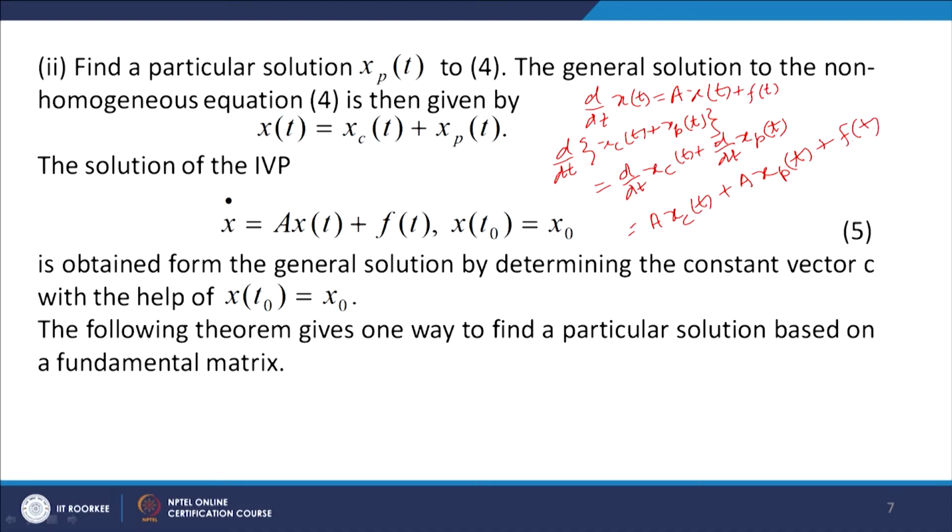Now, let us combine. This can be written as A times (xc(t) plus xp(t)) plus f(t), and xc(t) plus xp(t) is equal to x(t). So, we have Ax(t) plus f(t). So, x(t) equals xc(t) plus xp(t) satisfies the system 4, and therefore x(t) is a solution of 4.